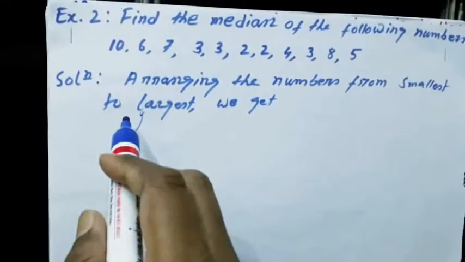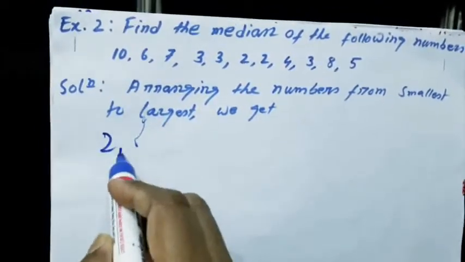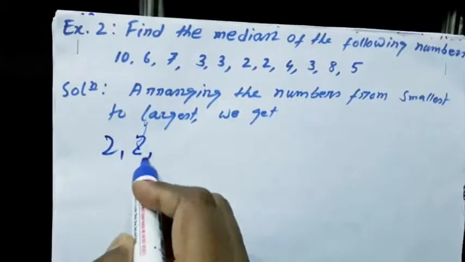What is given here? 2 is the smallest number: 2, 2, now 3.